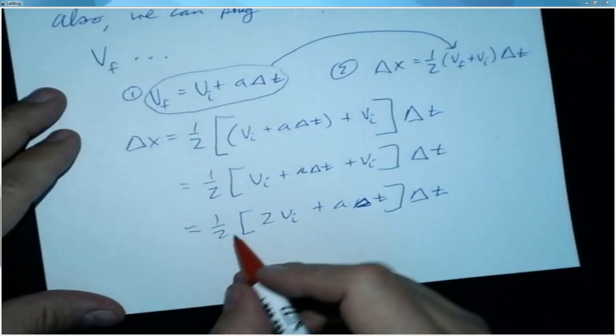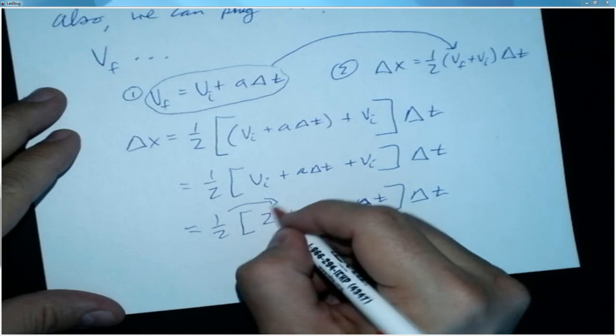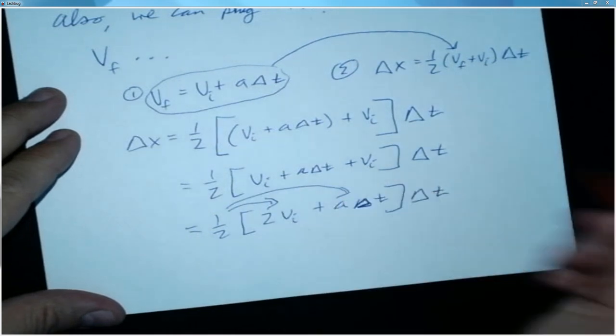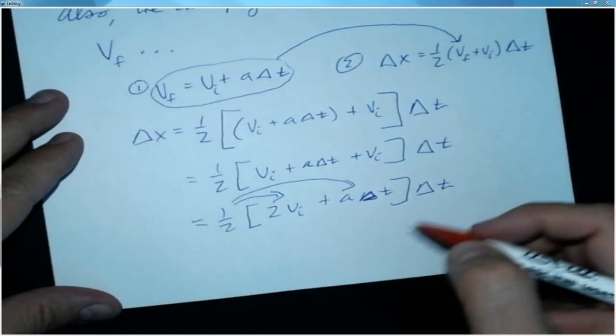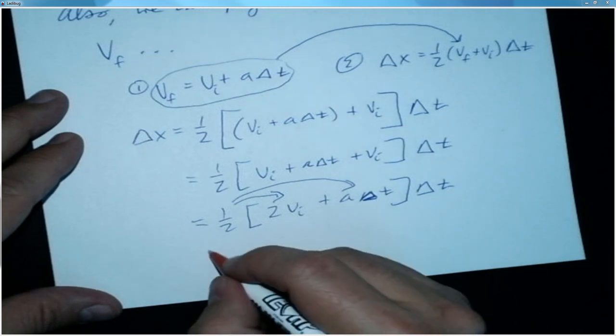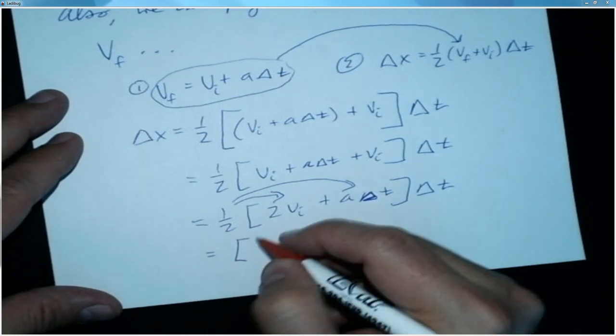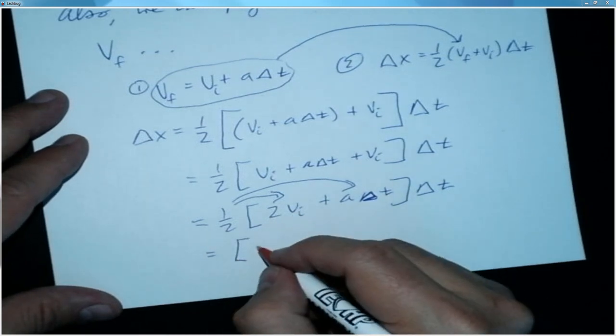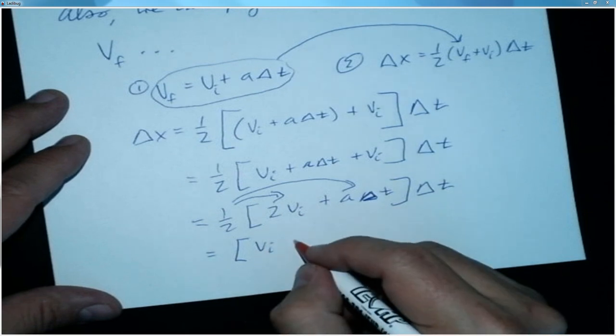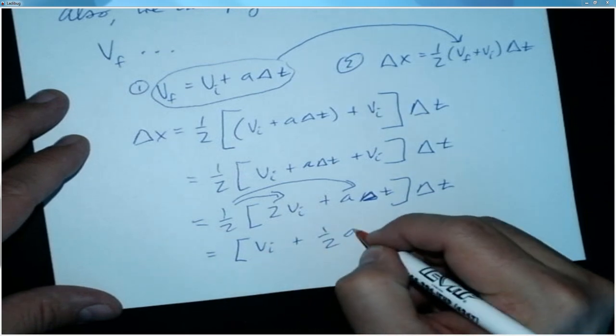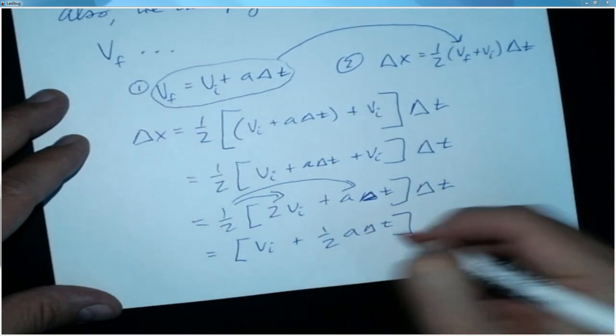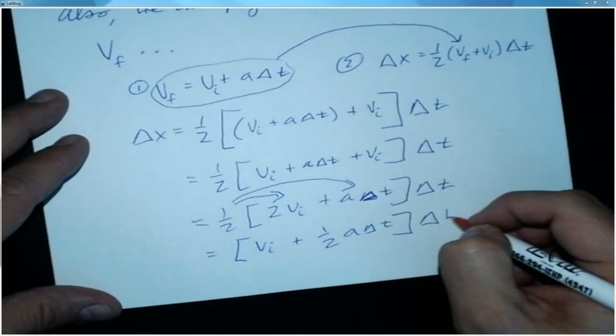So that means if I distribute my 1/2 inside, then I'm going to get 1/2 of 2 is 1, so VI plus 1/2 A delta t. And I multiply everything by delta t.